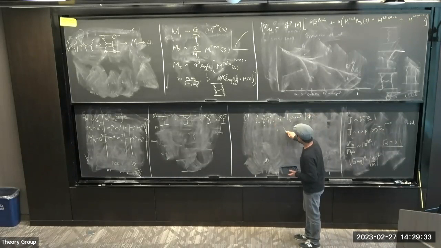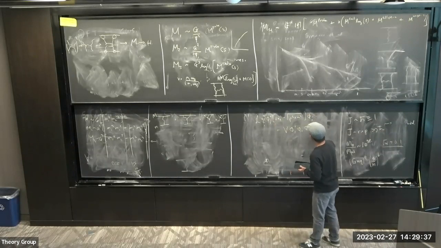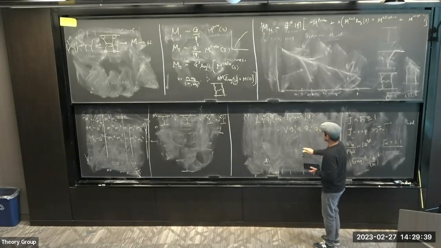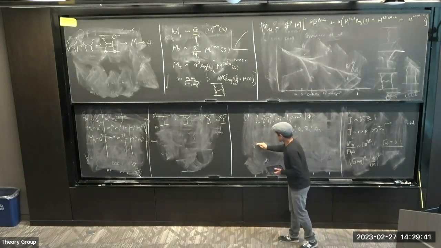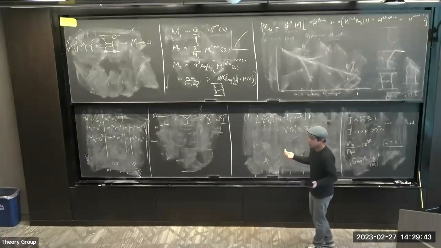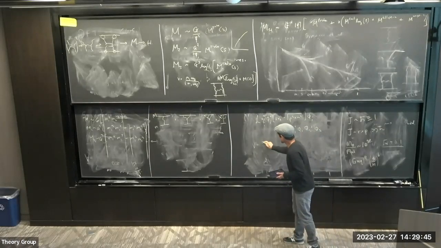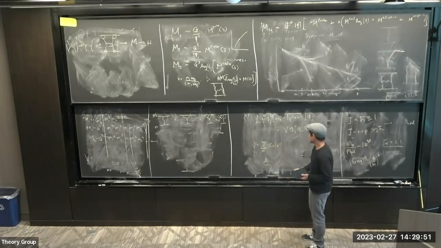And with this, we add a potential term, phi1 dagger phi1, phi2 dagger phi2. And for this potential, we write everything it can be, which is just a sum over Wilson coefficients, which end up being functions of velocity times powers of G over r.